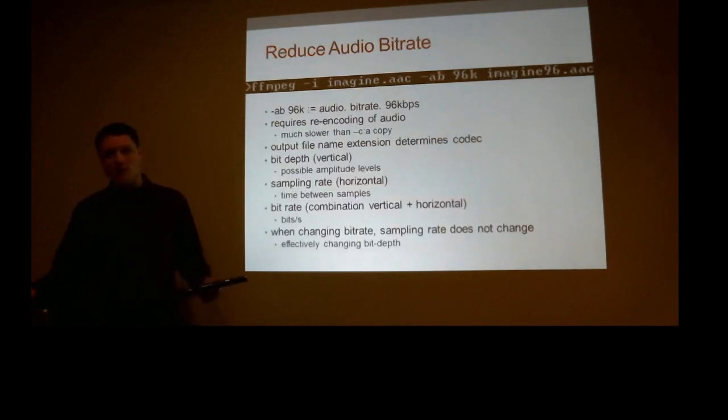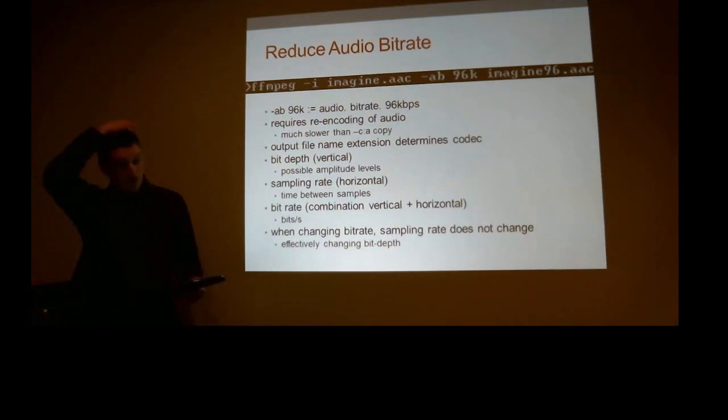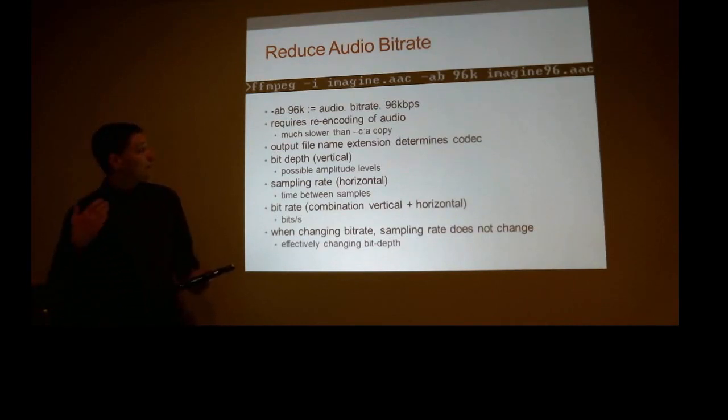You may want to reduce a media file size because it's too big to put on your storage or to stream. So one way you can do this with audio is to reduce the bit rate. So again, we specify the input file with -i, -ab 96k. A means audio, b means bit rate, and 96k means 96 kilobits per second.